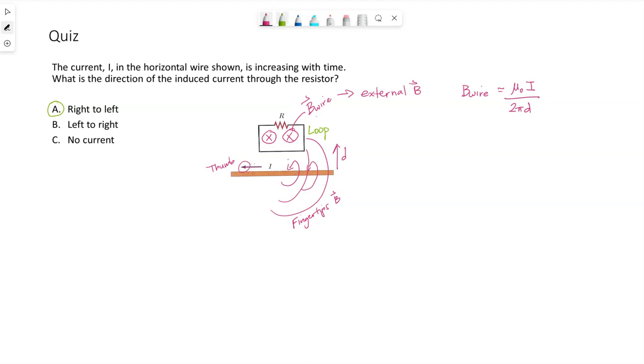In this particular case, the problem tells us that the current in this wire is increasing with time. What that means is that the magnetic field it's creating is increasing with time.